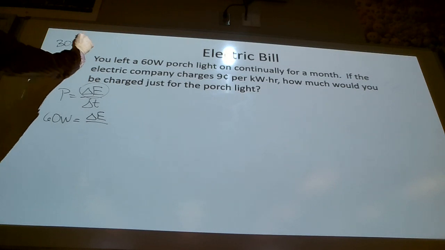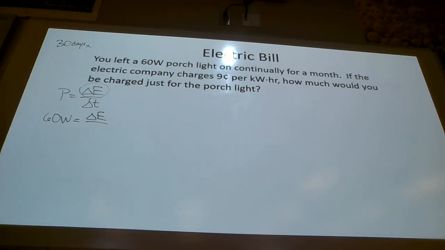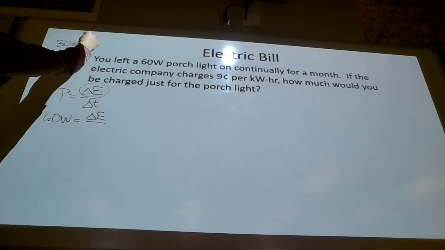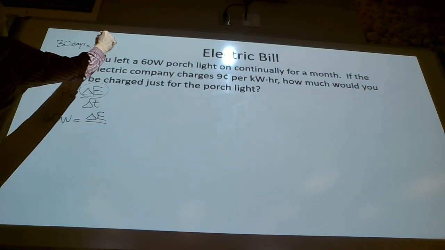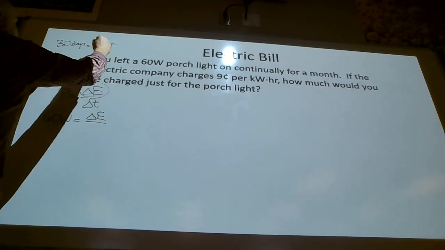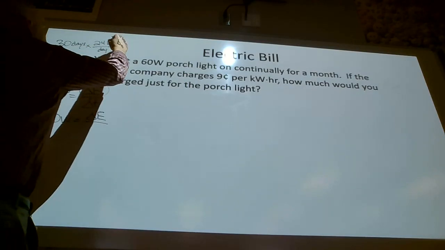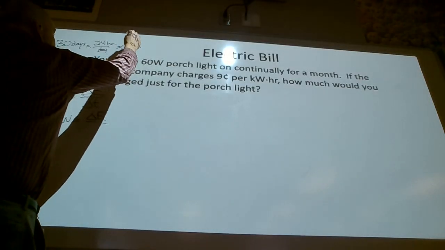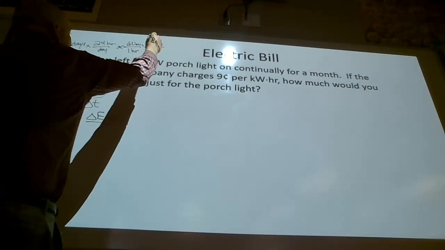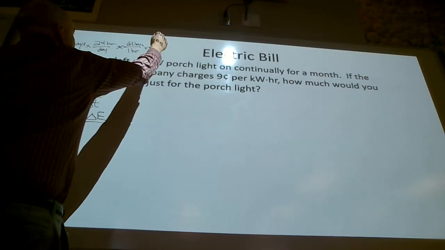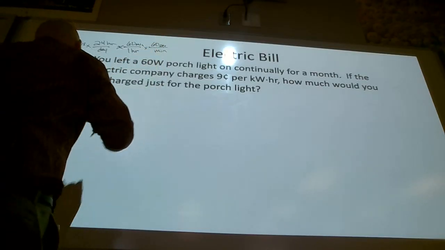I need to convert days to what? We need to go to seconds. So there's 24 hours in a day. There are 60 minutes in an hour. There are 60 seconds in a minute.